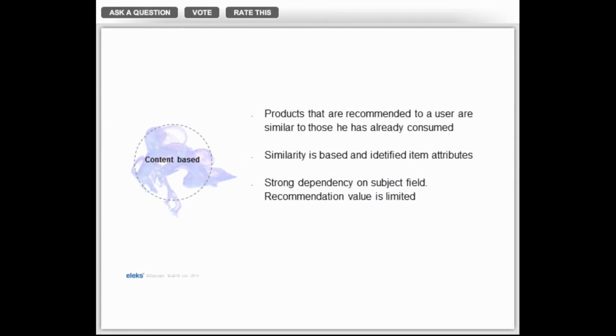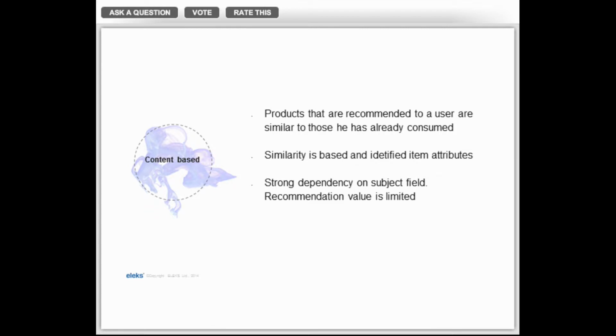So what are the content-based ones? These are products recommended to a user that are similar to those he has already consumed. And this can be products or movies or songs or videos. Similarity is identified by some item attributes.